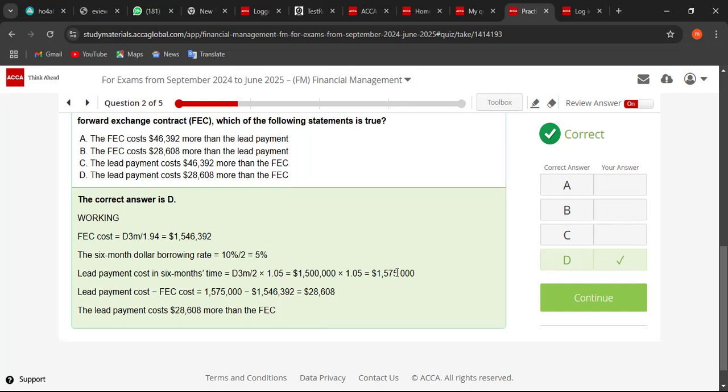But if you are going to pay after 6 months, you have to pay 1,546. So the lead payment costs 28,608 more than the forward contract. So D is the answer. Clear? Clear, Avas, Sia, Shivani? Avas, clear, brother?